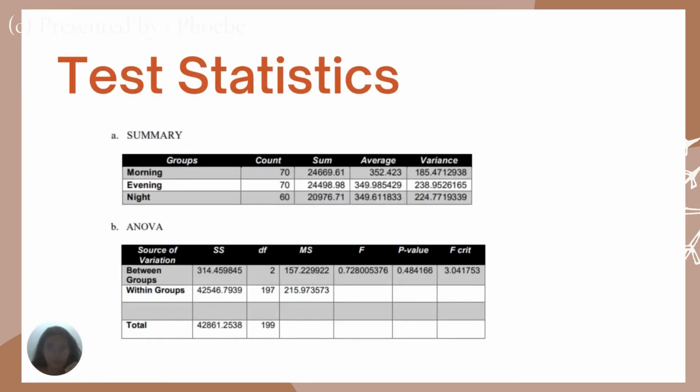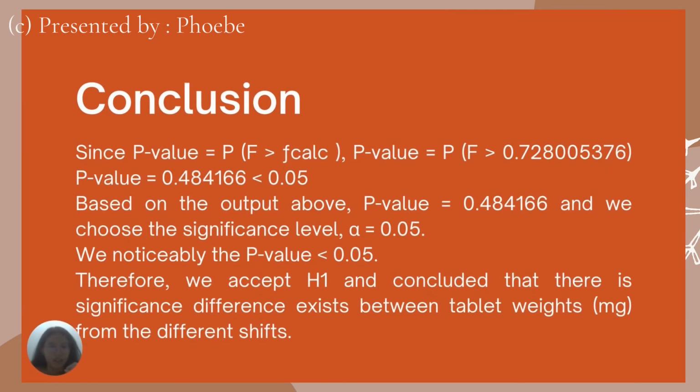Based on this output, the p-value equals 0.484166, and we choose the significance level of 0.05. And then we notice that the p-value is less than the significance level, which is 0.05.